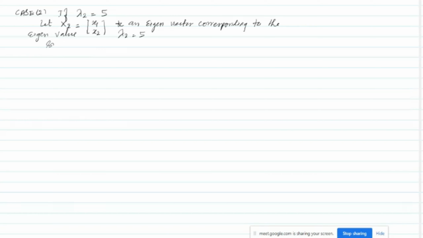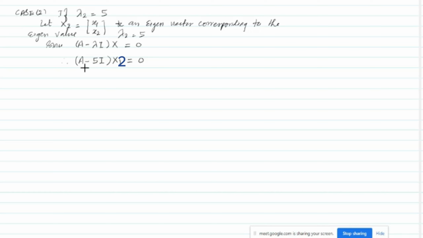Now since we know the formula, what is the formula? A minus lambda I into x is equal to 0. Here lambda is lambda 2, that is 5, and x will be x2. So therefore you will have (A minus 5I) into x1, x2, and this equal to 0.